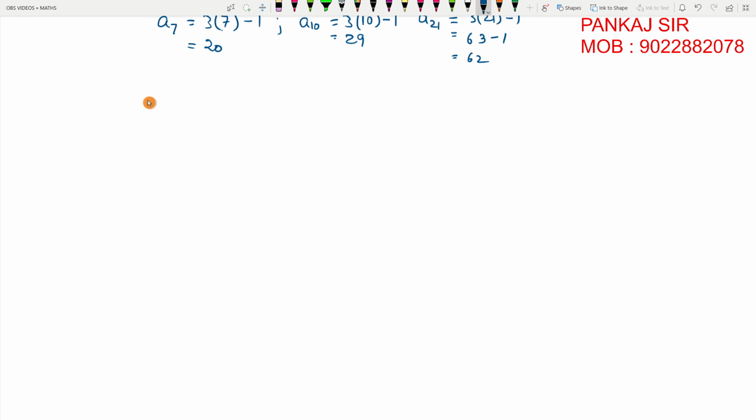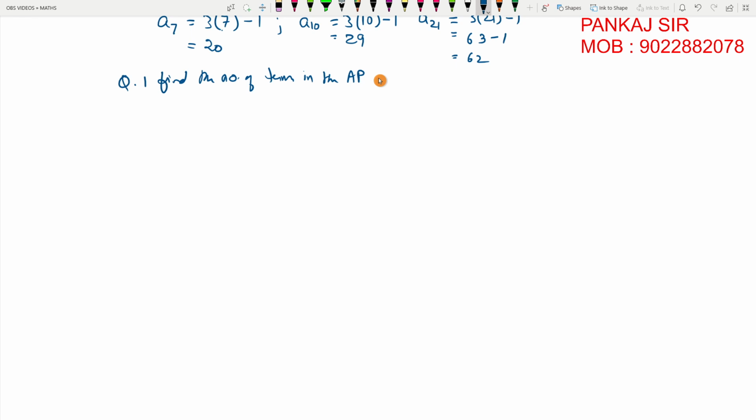Okay, so let us try this first numerical. The question says: find the number of terms in the arithmetic progression.